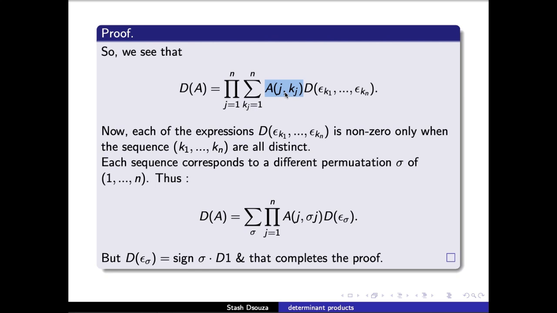So we need all of the indices k1 up to kn to be distinct, and to cover all of the list 1 to n. Now each sequence corresponds to a different permutation sigma of 1 to n. So this is as follows.